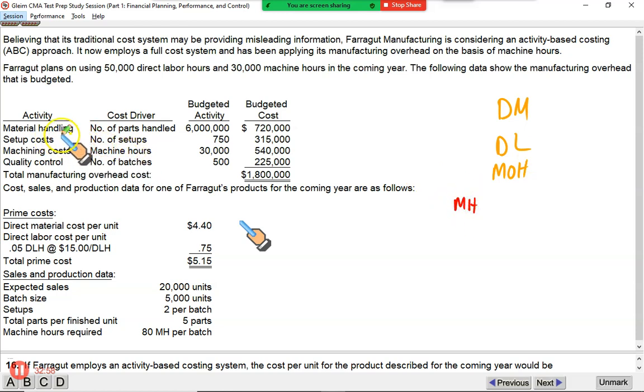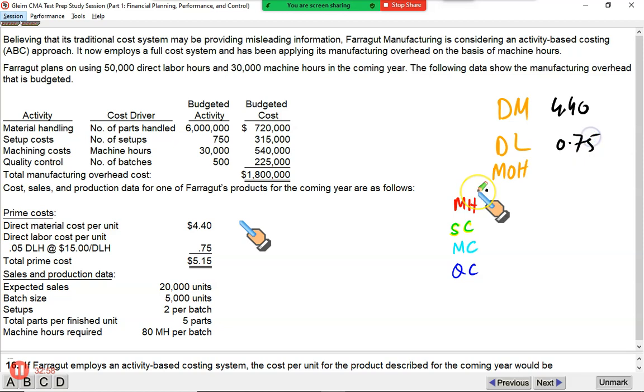Second, setup cost. Third, machine cost, MC. And last, quality control. These are 4 different cost pools, and the cost will move from these cost pools into the product. So direct material and direct labor would never be an issue. Direct material 4.4, direct labor 0.75.